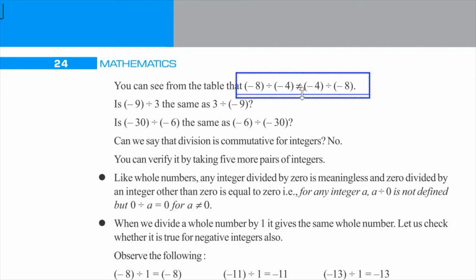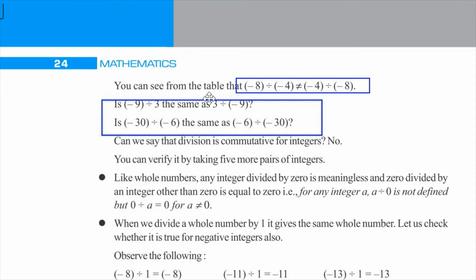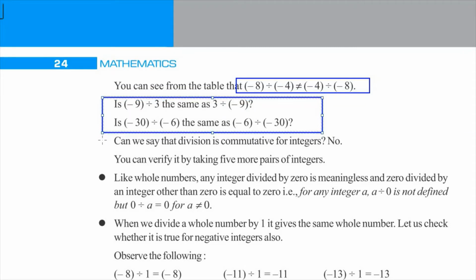If you just switch the places of the divisor and the dividend, the quotient is not going to remain the same. Similarly, we have more examples shown over here. From this example, we can say that division is not commutative for integers. And as usual, you can take 5 more pairs of integers to verify this property.